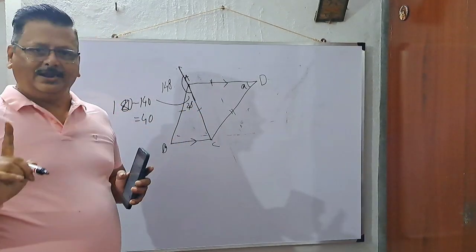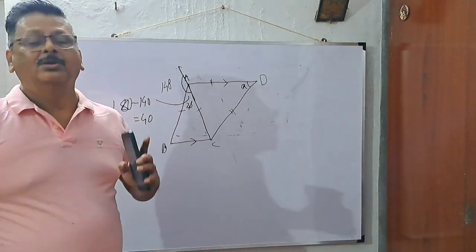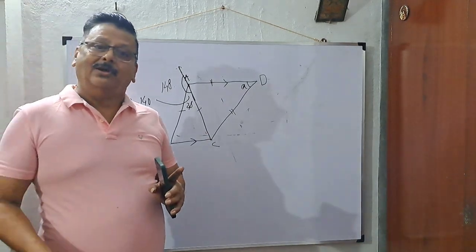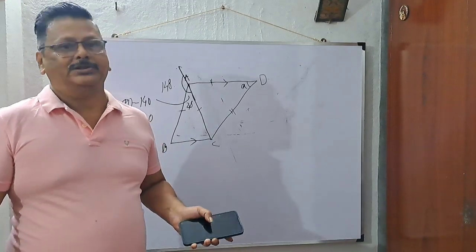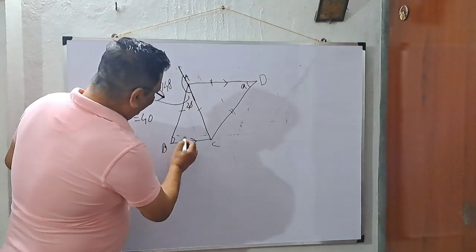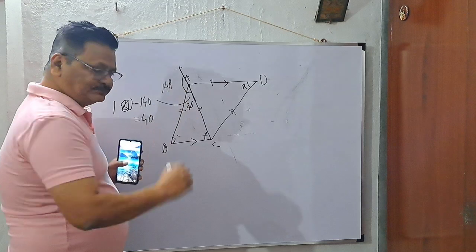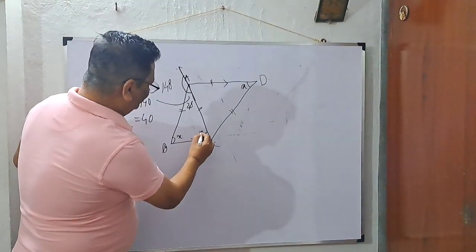If you remember correctly, in a triangle, sides opposite to equal angles are equal, and the opposite is also true: angles opposite to equal sides are equal. Therefore, this angle will be equal to this angle, since these two sides are equal. We said this is x and this is x.